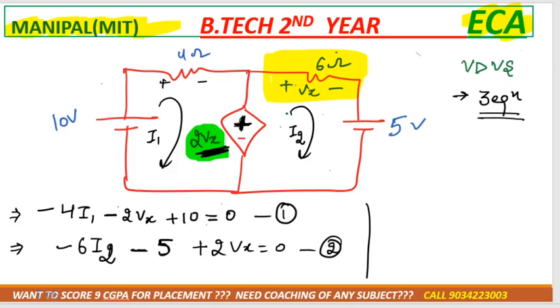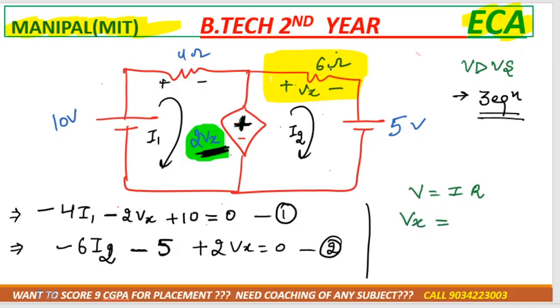So as I told you, if it is depending on father, you don't need to make an equation from the dependent source. You have to search where your father and mother is. Okay, so in this case, it would be according to Ohm's law. V is equal to IR. Voltage is how much over here? Vx.